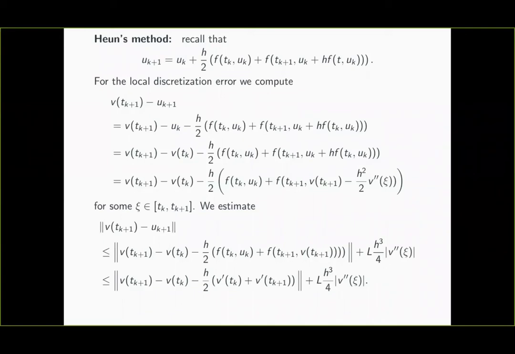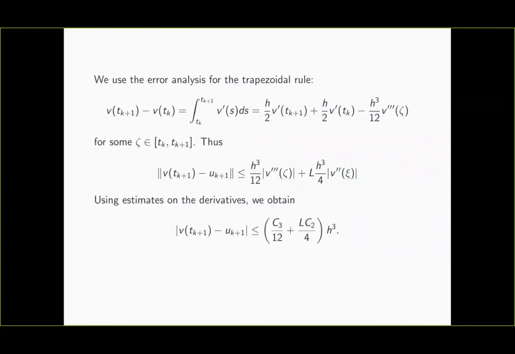And we see again that this is the difference of the integral of v prime over the time interval and the result of the trapezoidal rule applied to that integral. Let's apply the error estimate for the trapezoidal rule. So we have that the difference v(tk+1) minus v(tk) equals the integral of v prime from tk up to tk+1.